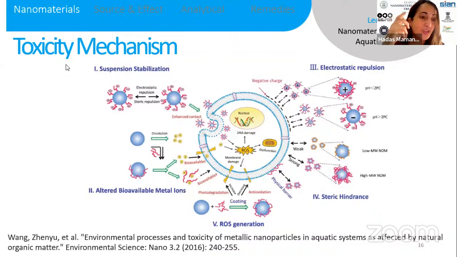And due to this stability, the nanoparticle residence time in the water increased. The stable nanoparticles had a higher residence time because they were dispersed in the water. Because they were dispersed, transport and transformation phenomena could occur, and that results in impact on the free-swimming microorganisms. So you can see how these phenomena are very complex.